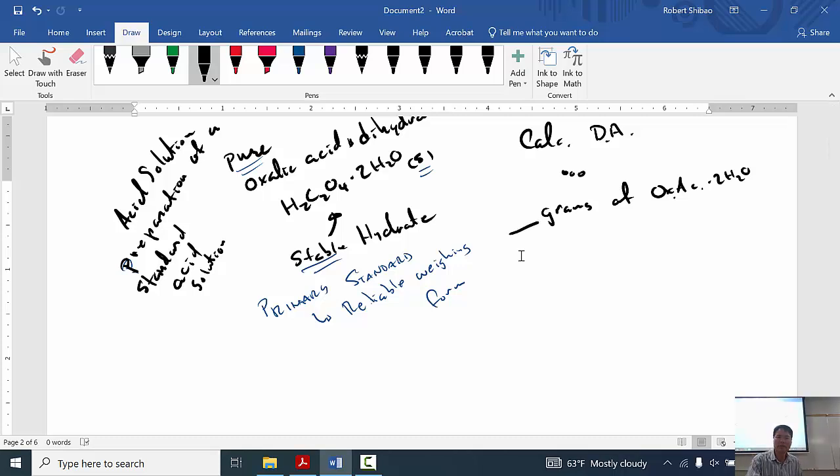Okay, so this is from the pre-lab. But nobody's calculated it? No? So it's like 2.4, 2.5 grams, in this range.